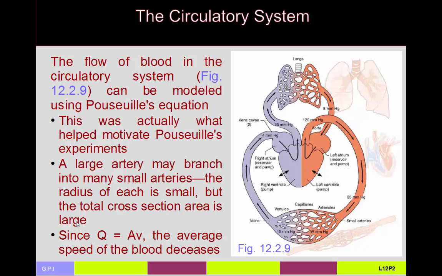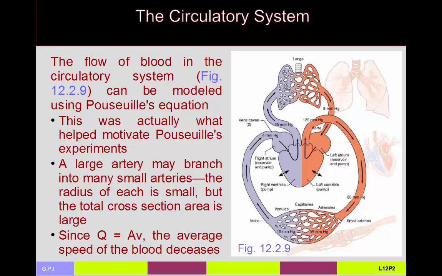Among other things, what we find is that as the arteries split into many smaller arteries, these smaller arteries may have the same total cross-sectional area, and it may even be that if you add up the radii of each individual small artery or arteriole, it's about equal to the radius of the primary artery.